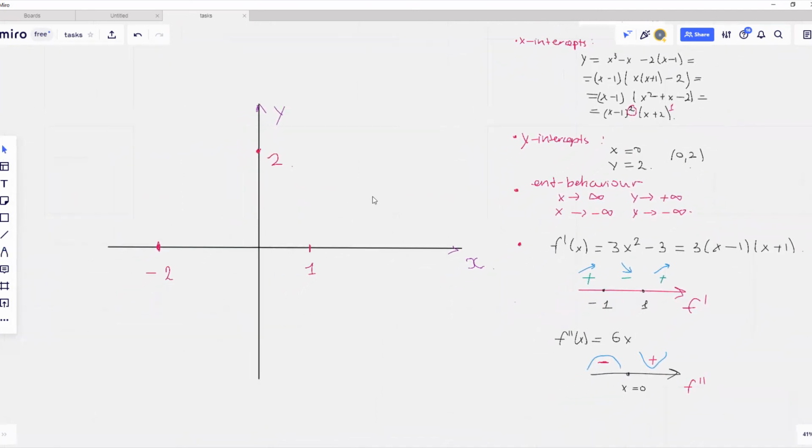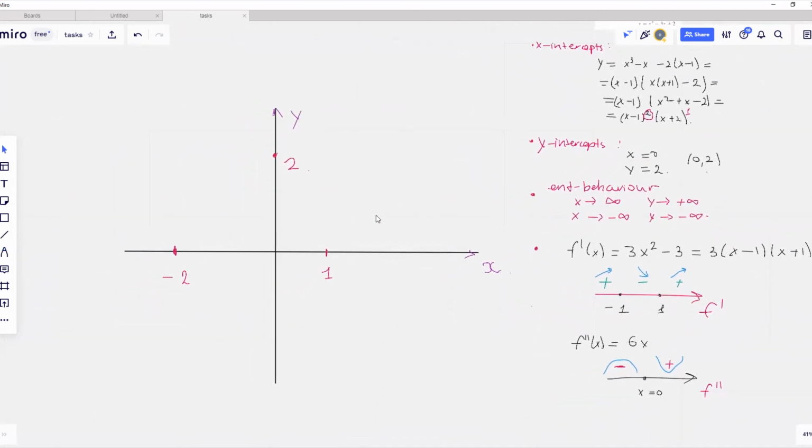Okay, so what do we know now? We know that our function is decreasing without bound when x goes to minus infinity, and our function is concave down up to point x is equal to 0. All right, so let's sketch that, using this color, for instance.